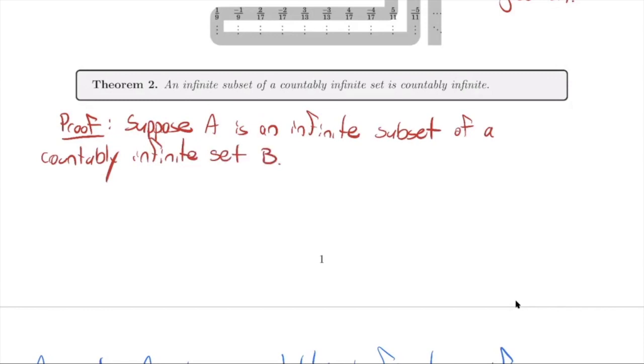Okay, so we've got our set A, and we're going to start with the hypothesis that this is a subset of an infinite subset of some countably infinite set B. And what I'd like to show is that A has to be countably infinite.